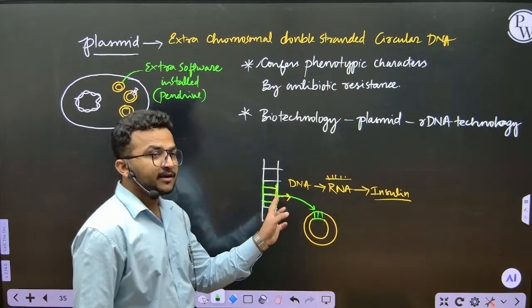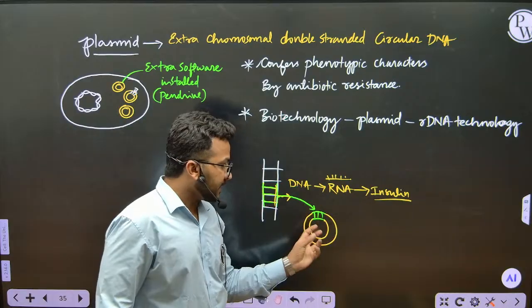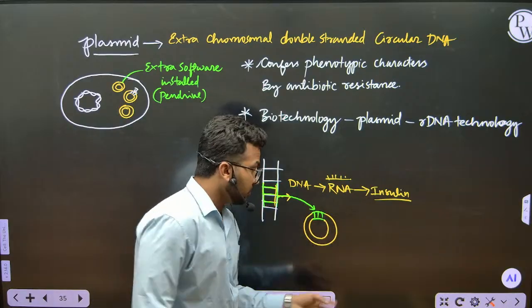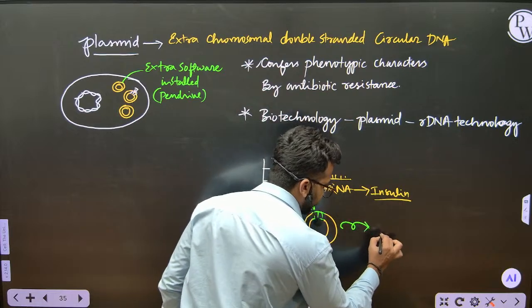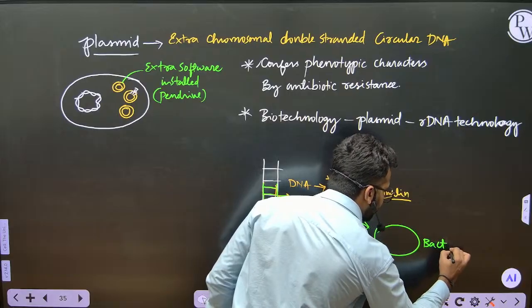So they inserted the human gene in the bacterial plasmid, and again they will introduce it into the bacterial cell.